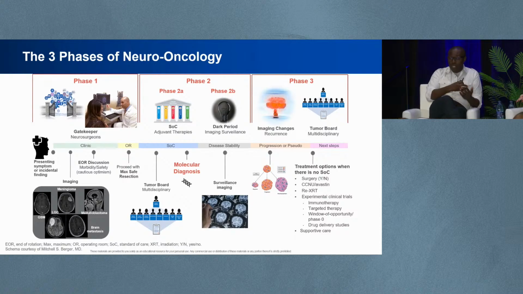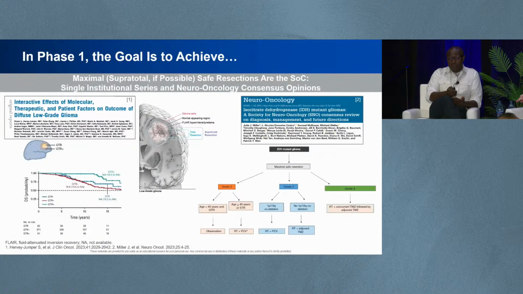And phase 3, where we transition into more of the multidisciplinary discussion, where at each step along the way, from presentation to extensive resection discussions to maximum resection and molecular diagnosis, we ask what do we think and how can we improve the lives and survival of our patients through surgical resection and cytoreduction.